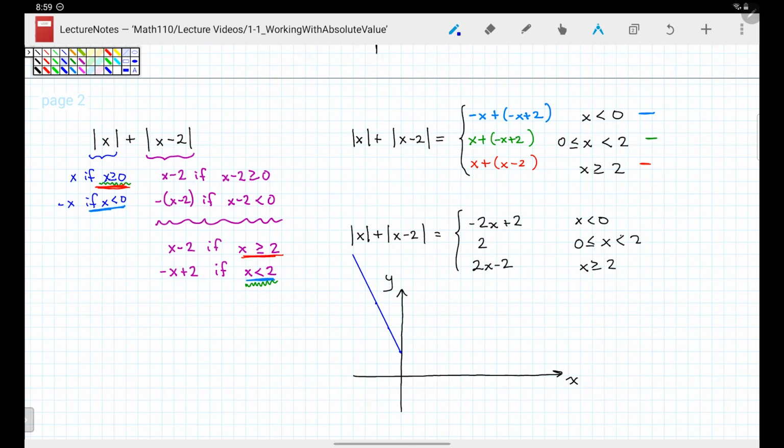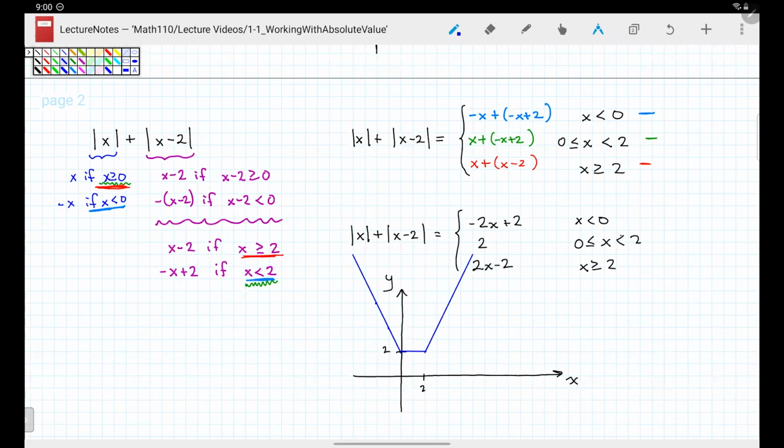If x is between 0 and 2, then the function is just the constant 2. And if x is greater than or equal to 2, the function is 2x minus 2. So at x equals 2, that value is 4, and then the slope is 2. So it would be like this.